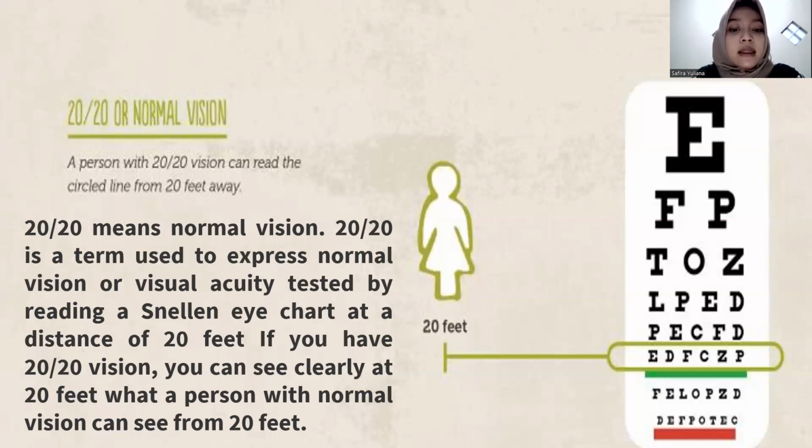This means that you can see something 20 feet away, like a line on an eye chart, that most people can see only when they are 15 feet away, in 20/15, or 10 feet away, in 20/10 vision. That's all I have to say about normal vision.